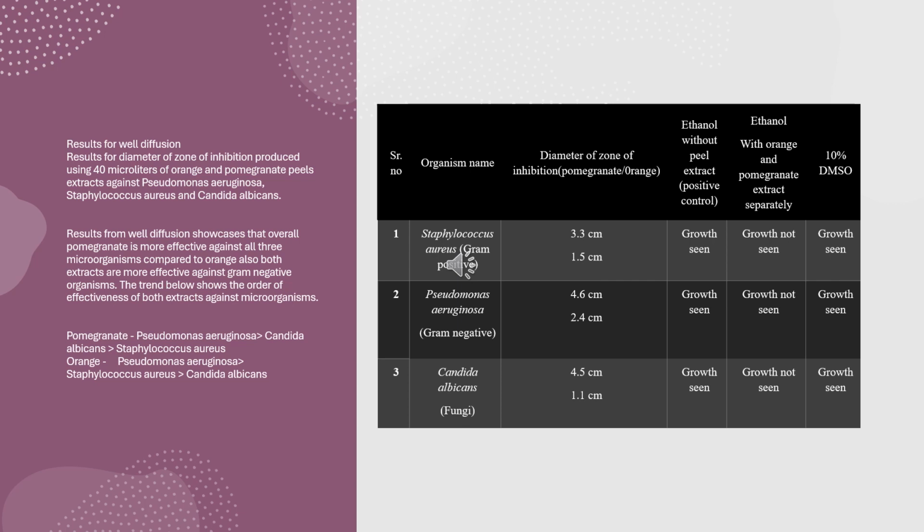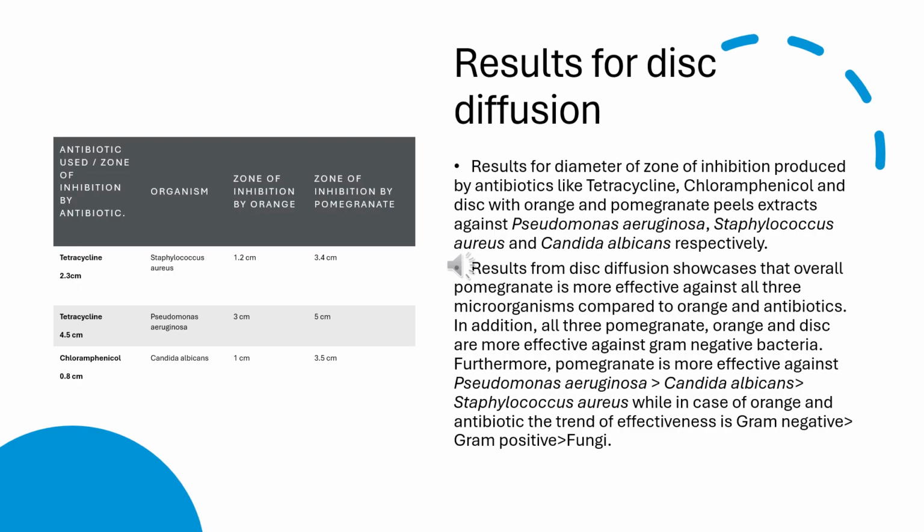Pseudomonas aeruginosa showed the greatest zone of inhibition compared to S. aureus and Candida albicans. Both negative controls showed growth, as ethanol and 10% DMSO cannot inhibit the growth of our bacteria. The next slide shows the results for the disc diffusion.